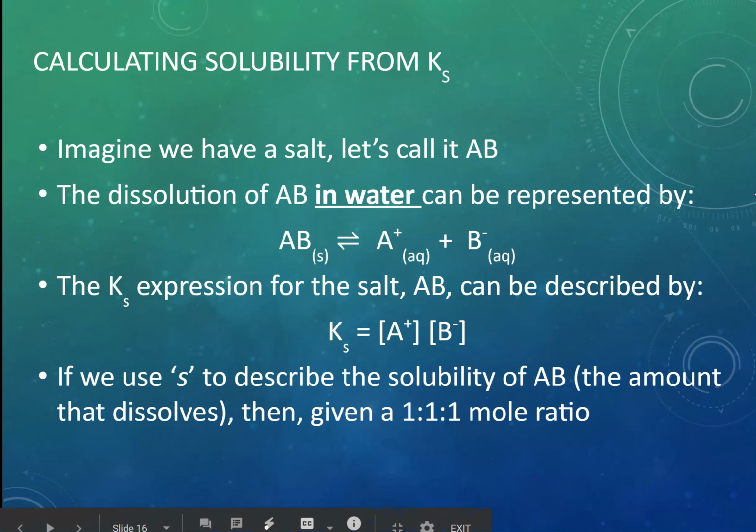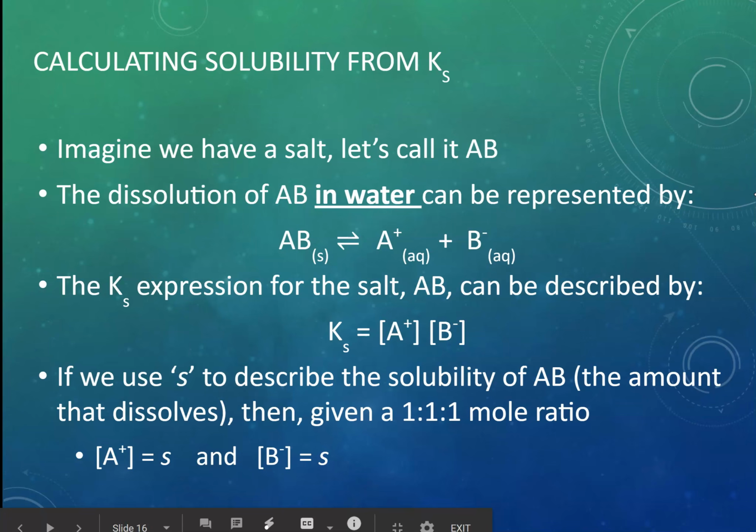Now, because we don't know what the solubility is, that's what we want to find out, we're going to pretend that S amount, we're going to call it S, you could call it X if you prefer using X's from maths, it doesn't matter what you call it, but S amount of salt AB is going to dissolve in water. And so if S amount of AB dissolves, we're going to get S amount of A and S amount of B. We can then substitute those directly into our equation.